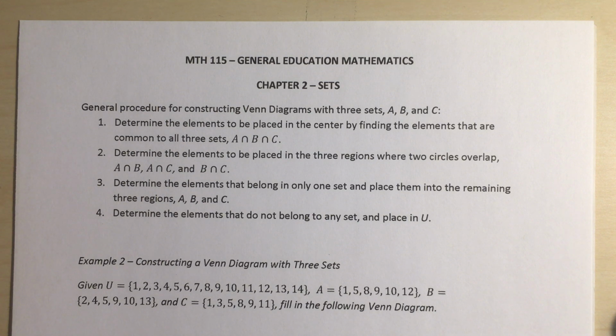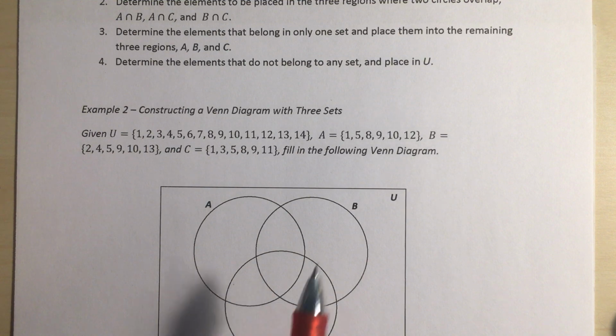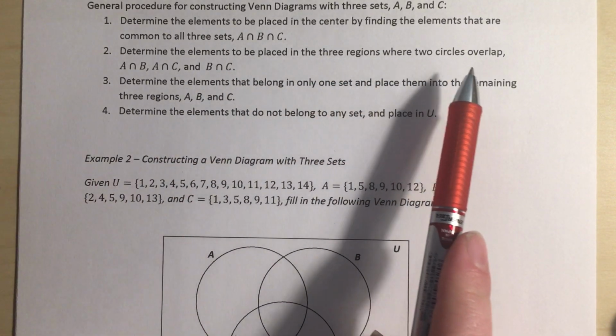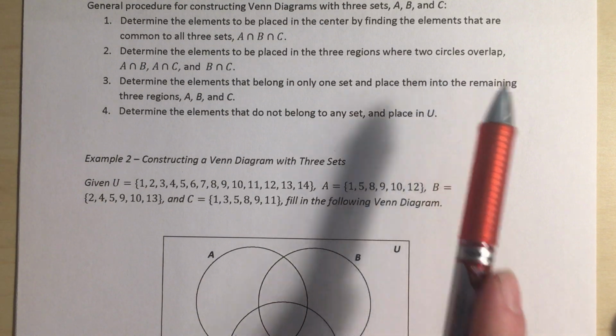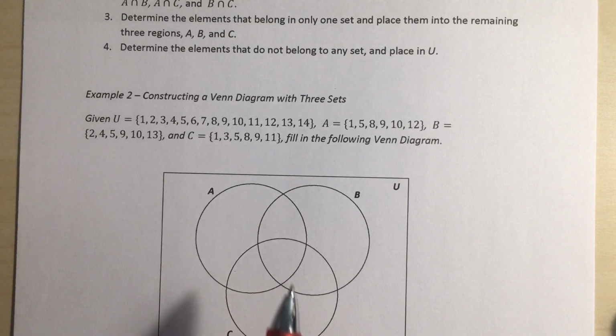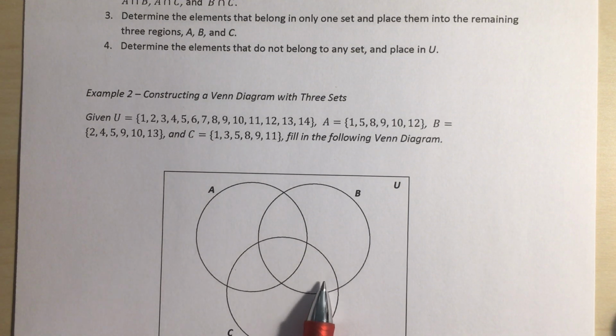So the same is going to be true here. We're going to start in our very center intersection, which, looking at the Roman numerals from the previous page, was region 5. Then step 2 says determine the elements to be placed in the 3 regions where 2 circles overlap: A intersect B, A intersect C, and B intersect C. So we're looking at regions 2, 4, and 6 next.